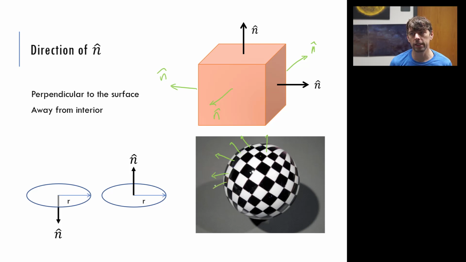And so finding the flux through the surface of the sphere will require you to consider each of those individual directions. And that, you can see, is where the integration process will come into play. Here for the cube, we have a finite number of n hats. But on the sphere, we will have to divide the surface into infinitesimal patches, each one with its own normal direction. We'll find the flux through each of those patches and then add them up.